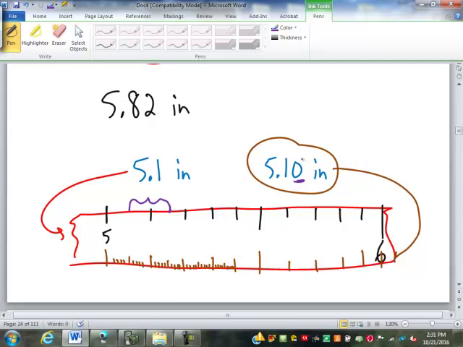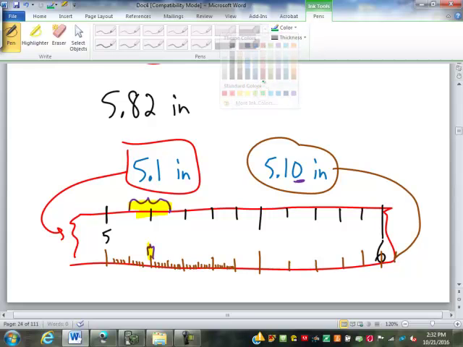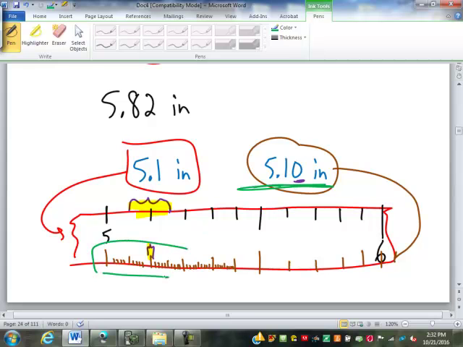But the 5.10 is still telling us it is closest to the 5.1, or 10 hundredths. So it's giving me this narrow range here instead of this wider range here. So a lot of people do this kind of carelessly. They'll take a measurement like 5.1 inches and they'll just put a 0 on there, make it 5.10. Doing that is misleading to whoever's reading that measurement, because if they're using measurements properly, seeing this, like I said, implies our measuring device was much more precise.